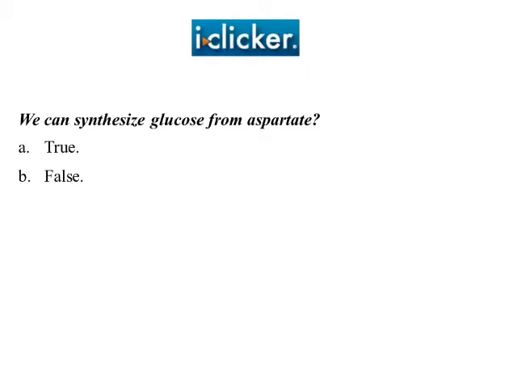So the answer is what? Yes or no? True. Yes, we can. Absolutely. How? Oxaloacetate. Oxaloacetate goes to what? PEP, phosphoenolpyruvate. Right? The enzyme is carboxykinase. Phosphoenolpyruvate then can go up the gluconeogenic pathway until it reaches the other two reversible steps. So aspartic acid can make glucose for us.